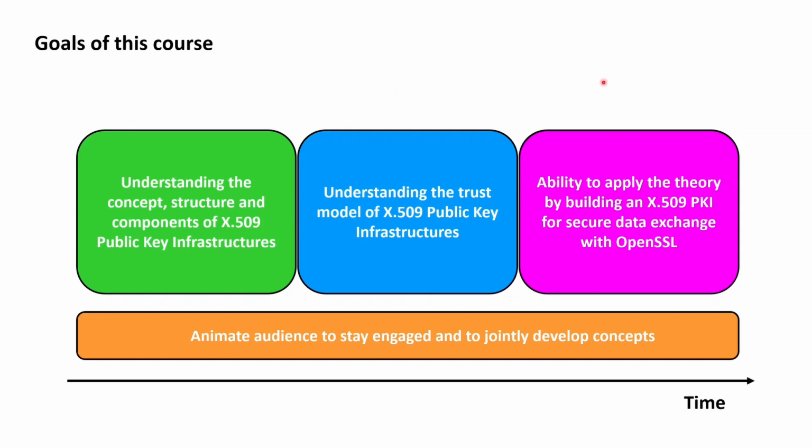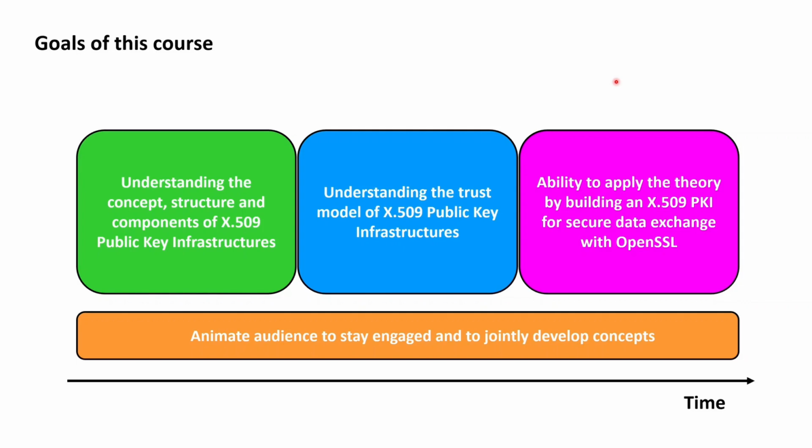Goal number 3 of this course is then that once you complete this course, you should not just have a theoretical understanding of X.509 PKIs, but you should also be able to apply your theoretical understanding by being capable of constructing a two-tier X.509 PKI yourself, and to know how this X.509 PKI could be instrumented for various cryptographic purposes.